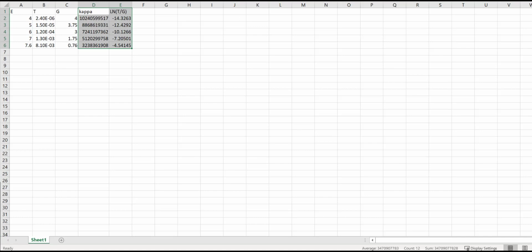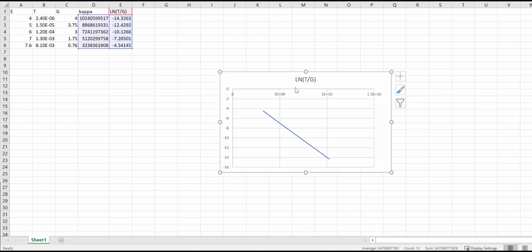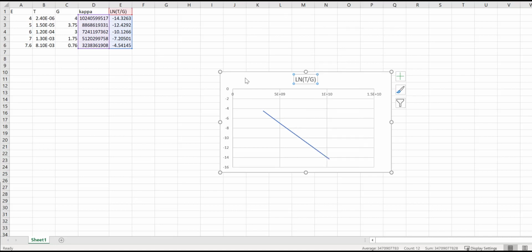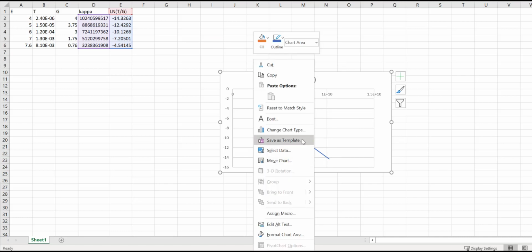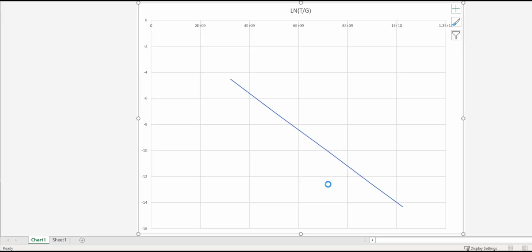So I'm going to insert now this line, and let me move it to its own chart. Move to chart. As expected, it is a line that is decreasing exactly how it's supposed to be.